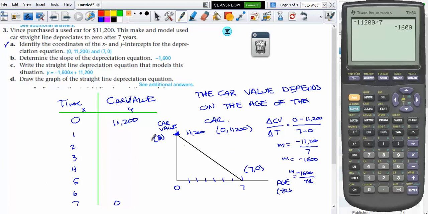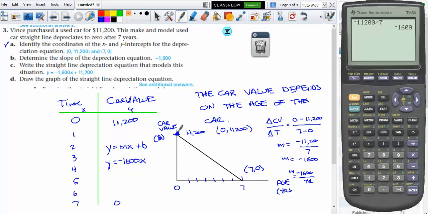Okay? So if I look at this as y equals mx plus b, the slope-intercept form of a linear equation, then we're going to substitute negative 1,600 in for the slope, and b is the y-intercept.